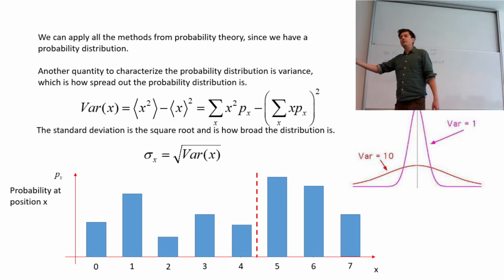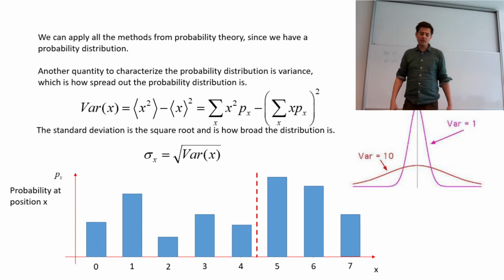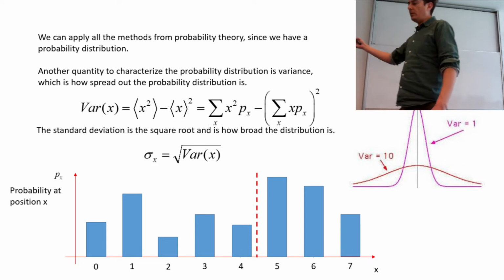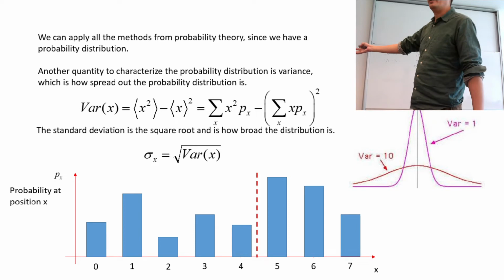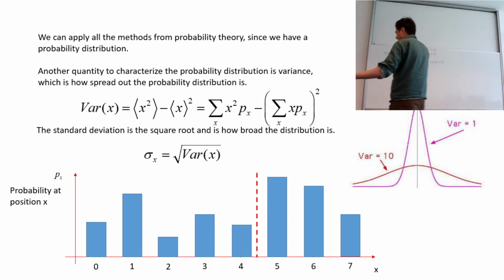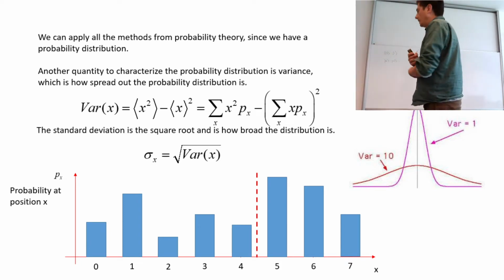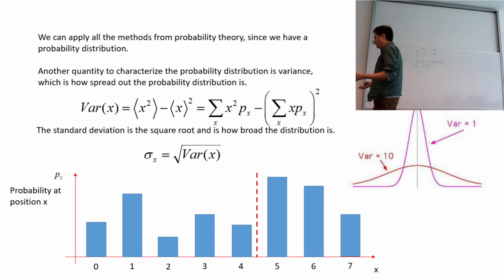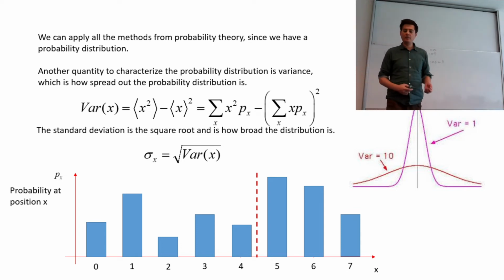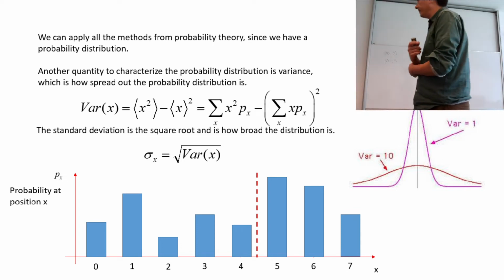I mean, anything you can do with a probability distribution, you can do with the quantum wave function in the end, because it really gives some probability distribution. So whatever quantity you want to calculate from probability theory, you can just apply it to quantum theory.